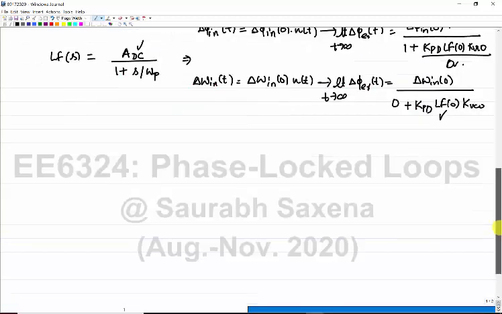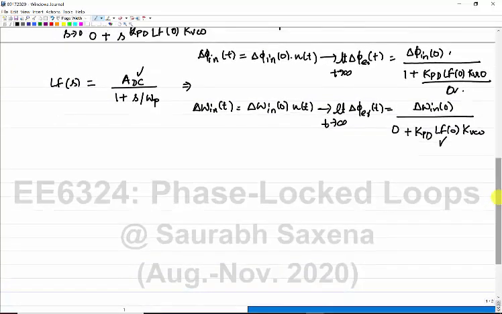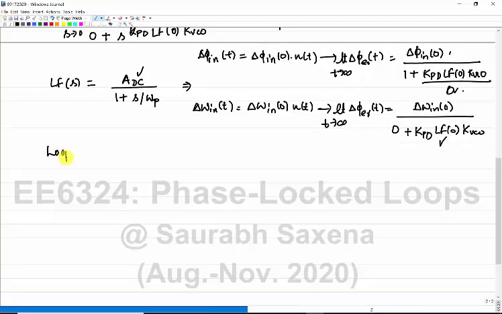So what we concluded the other day, and from today's analysis also, is that the loop filter plays a very important role in making your phase error 0, or tracking the input phase, or tracking the input frequency ramp and so on. Based on this loop filter, PLLs are characterized as having different types and different orders.